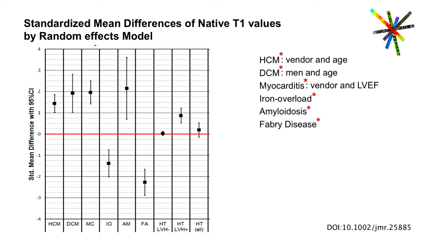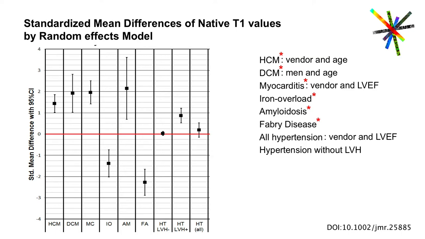For the hypertension populations, we see some increase of T1, but that's not very convincing. So we looked at the causes for heterogeneity, and those were the gender and the left ventricle ejection fraction. Based on this, we decided to split the hypertension populations in two.